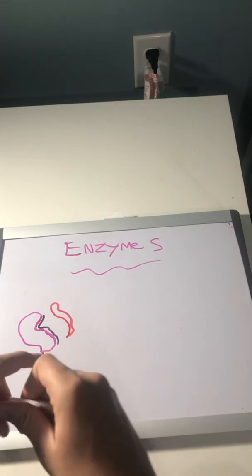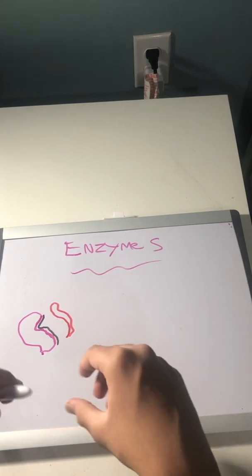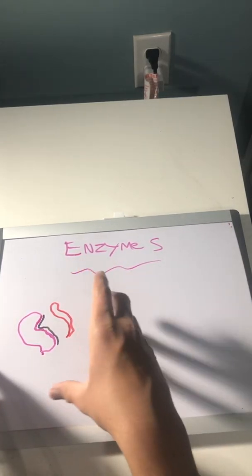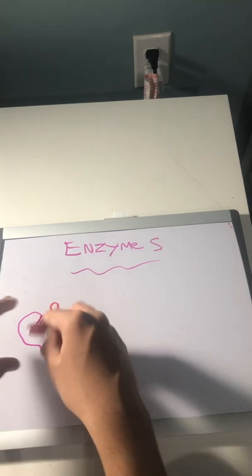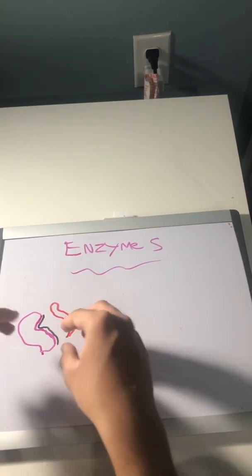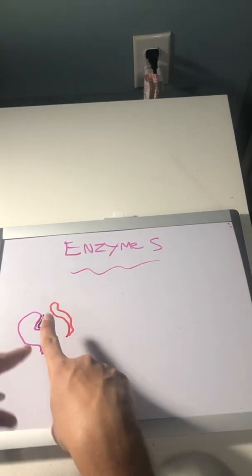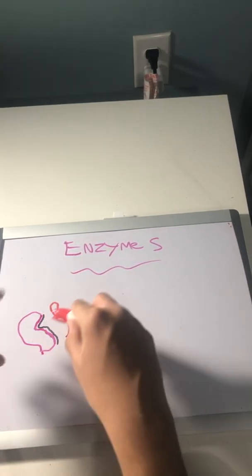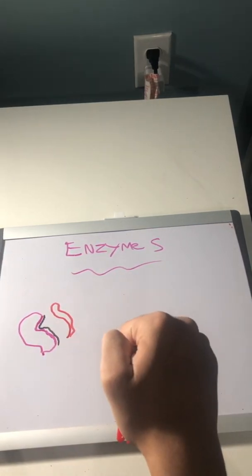We'll talk about inhibitors and cofactors and coenzymes in a couple of minutes. However, this is the basic. Substrates will attach themselves to active sites, and it has to be the precise, exact substrate to be within that active site.